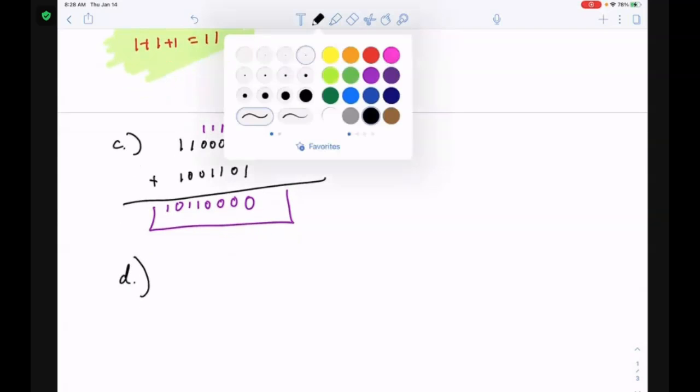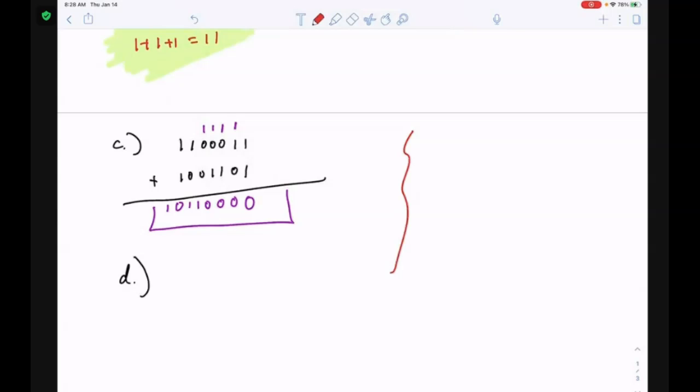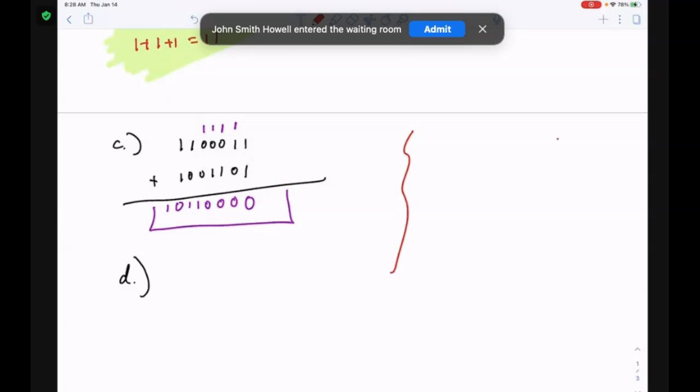I guess one more time I'll do the check right here. So this is the same thing as 1, 2, 4, 8, 16, 32. This is the same thing as 64 plus 32 plus 2 plus 1. That's 96, 98, so this is 99, plus 64 plus 8 plus 4 plus 1.